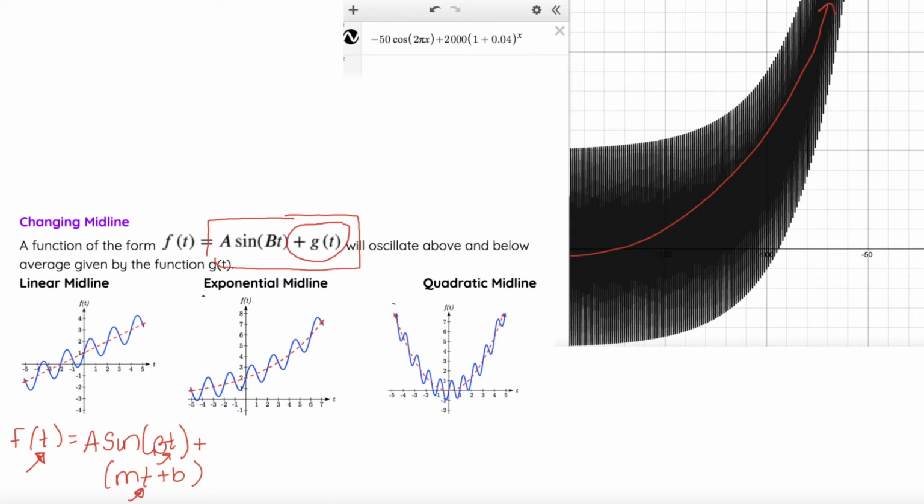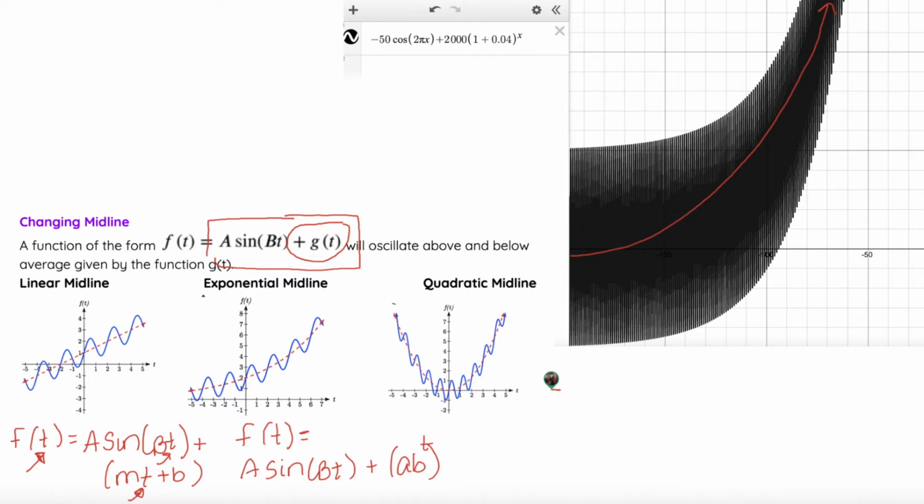We also could have an exponential midline, just like the one we had, where f of t is a times sine again of bt, except this time I'm going to add an exponential parent function, so a times b to the power of t. And finally, we also could have a quadratic midline, where the midline is in the shape of a parabola.